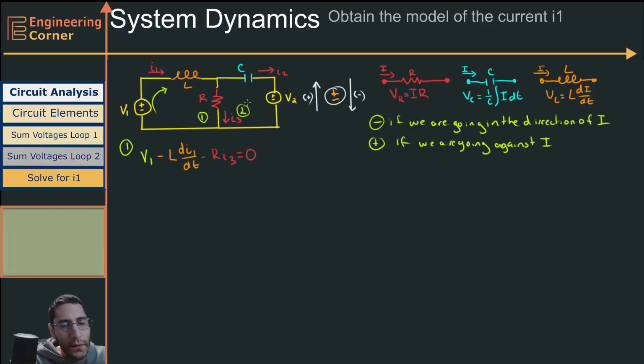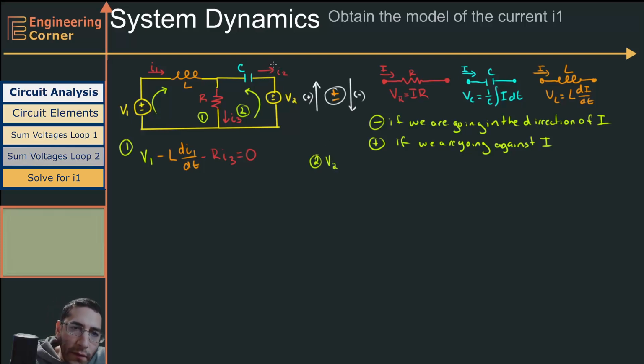Now I'm going to look at loop 2. In loop 2, I'm going to go this way, just because I like having the voltage source that I start at be positive. I'm coming out of the plus side, so I'm going to have plus V2.